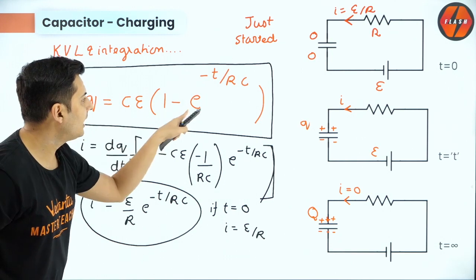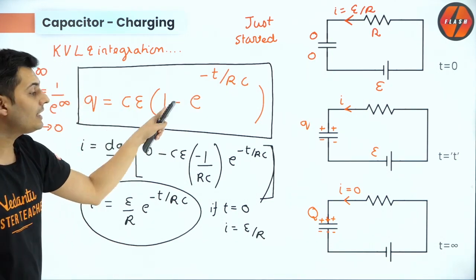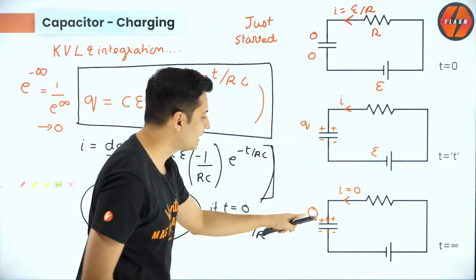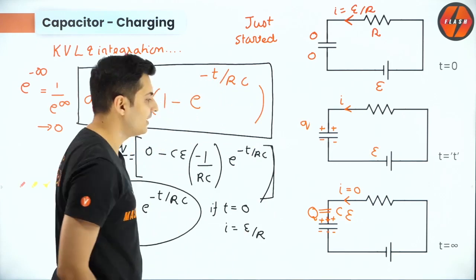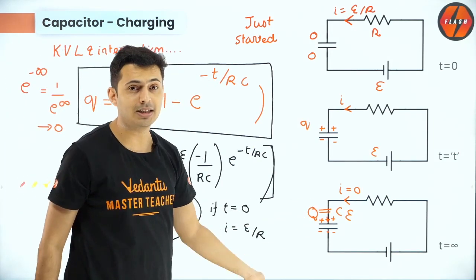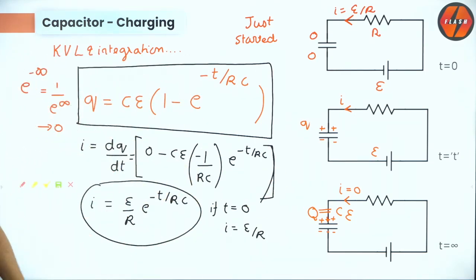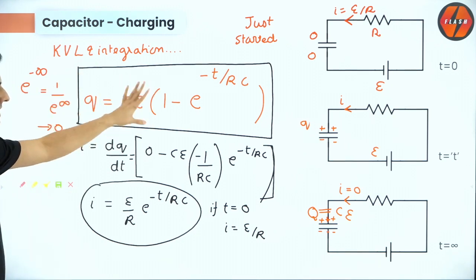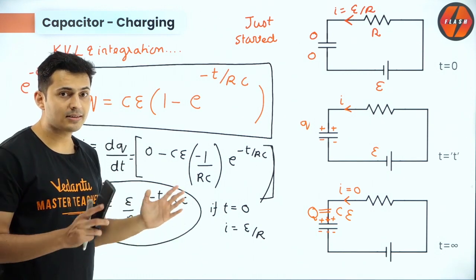So this entire term will become 0. Hence this Q is just going to be equal to CE. That's the final charge. In fact, this is what you have been using. CV is the final charge inside a capacitor. So that's how you get it. Very interesting formula. So you can put special values and you can see how this works. Alright, I hope this is clear.